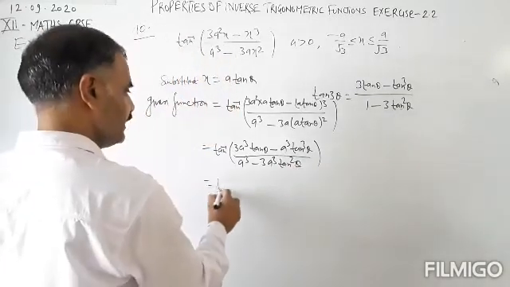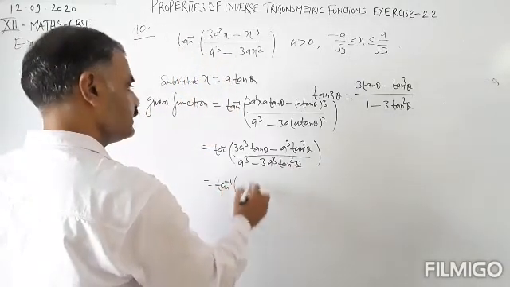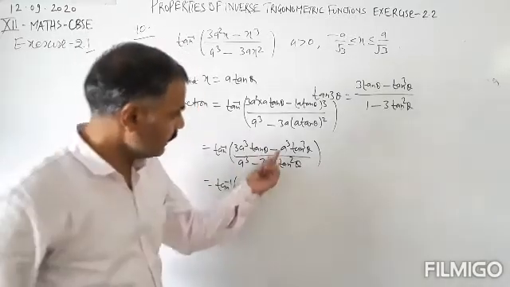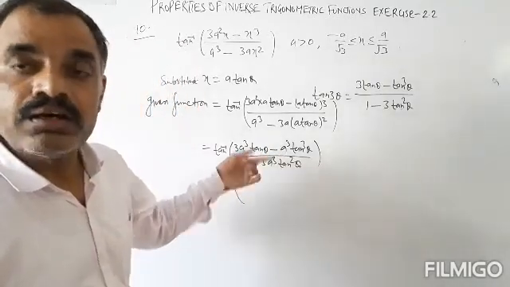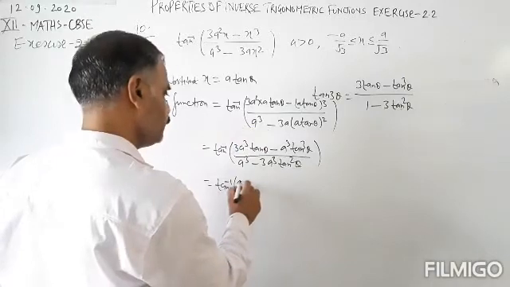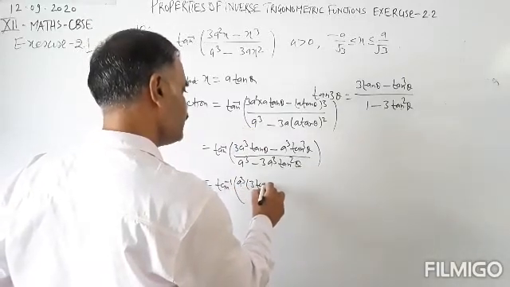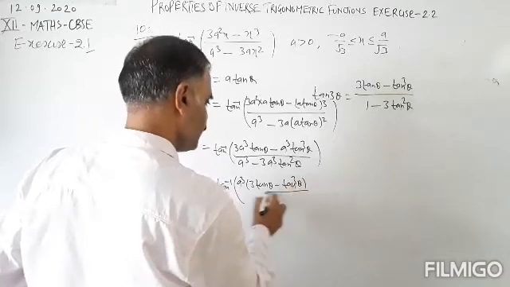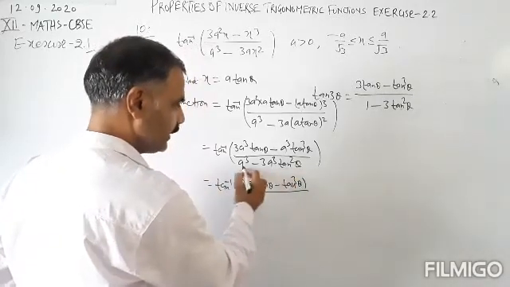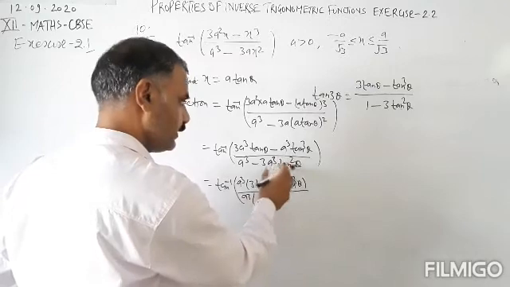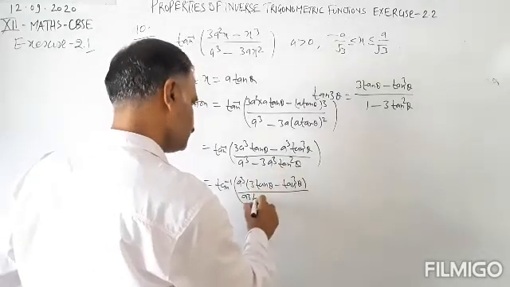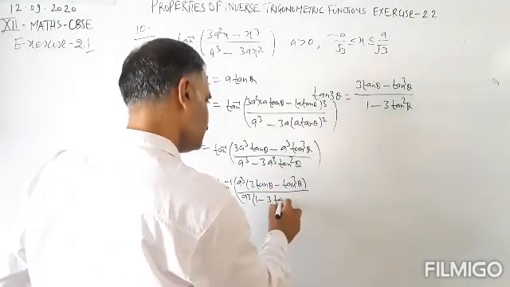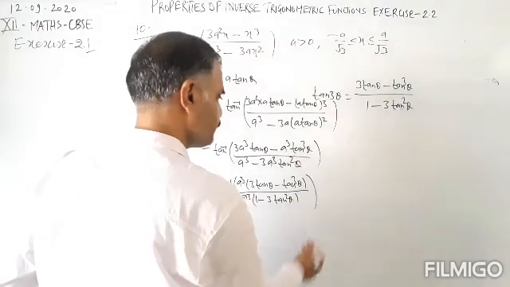Now this can be written as tan inverse, taking a³ common in the numerator, a³ times (3 tan θ − tan³θ), divided by, again taking a³ common in the denominator, (1 − 3 tan²θ).